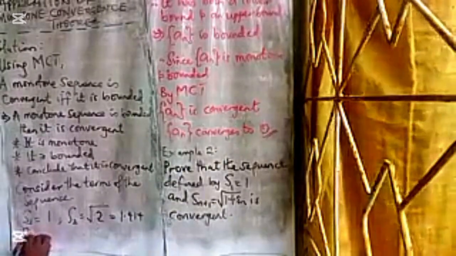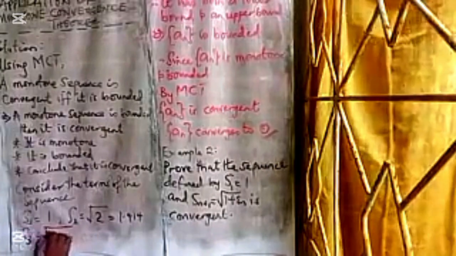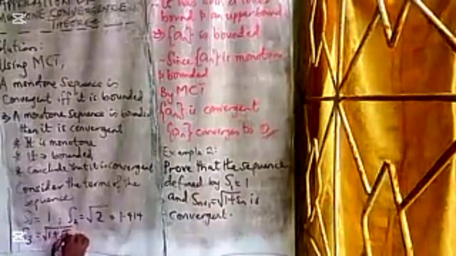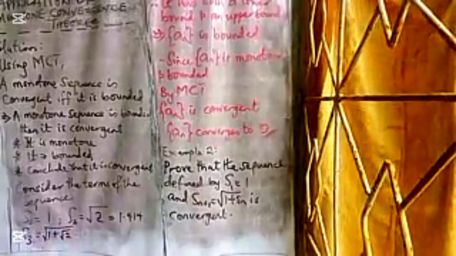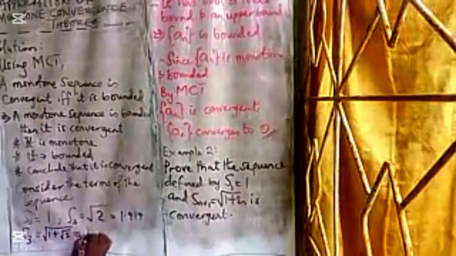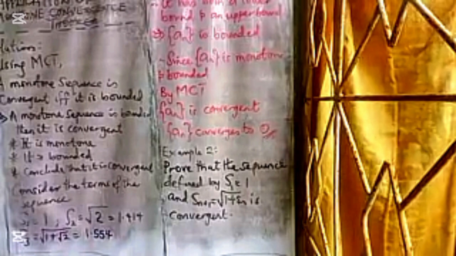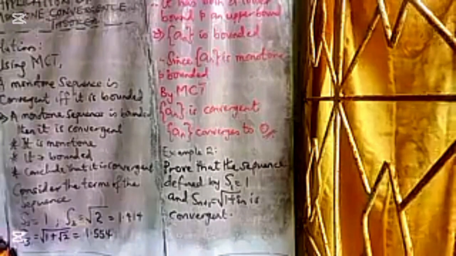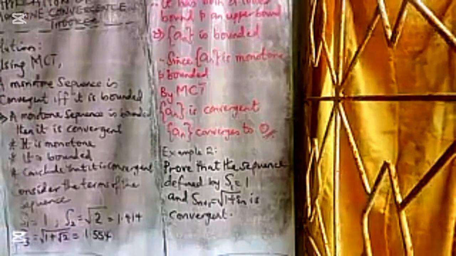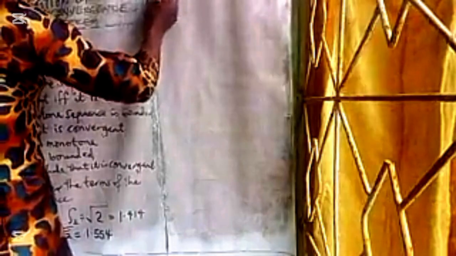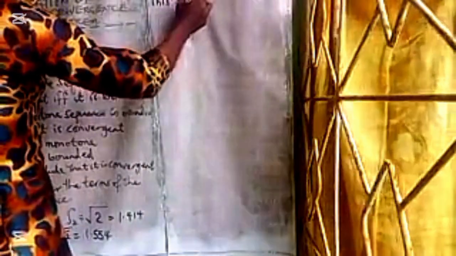S3 will be the square root of 1 plus root 2, and that is 1.554. This seems like an increasing sequence, but we need to be sure that it is increasing. Since S1 is less than S2 and S2 is less than S3, this seems like an increasing sequence.